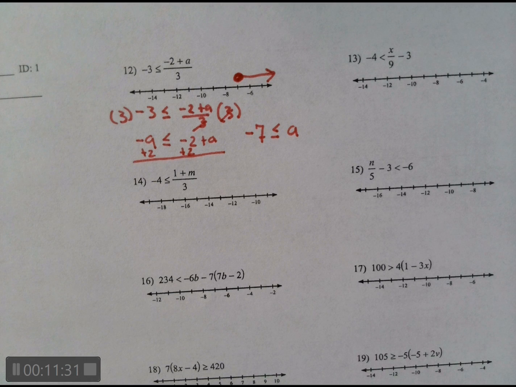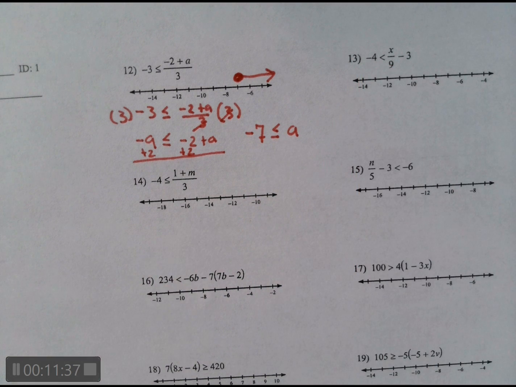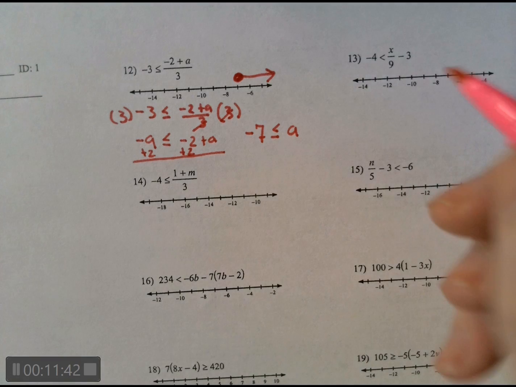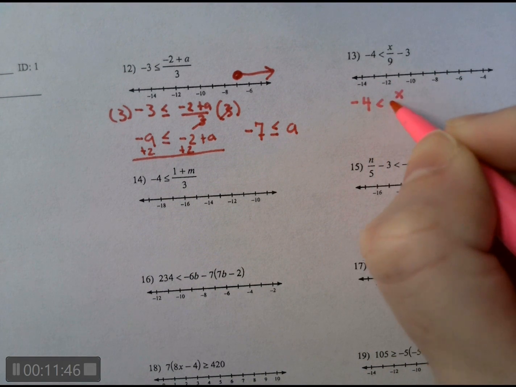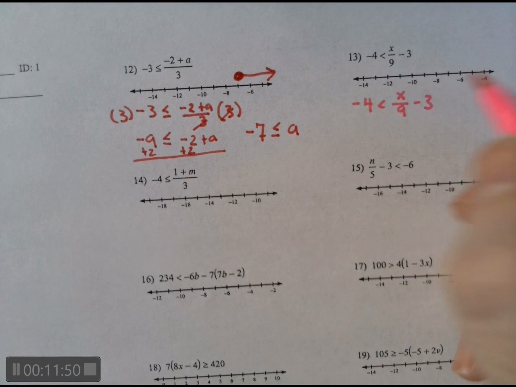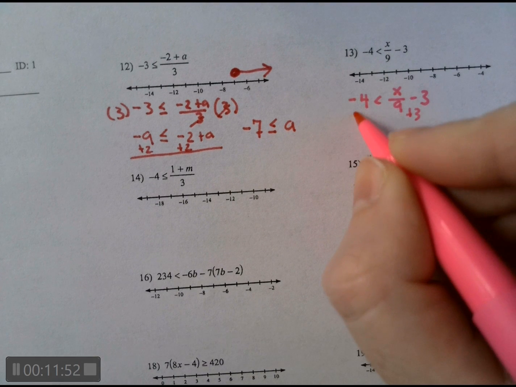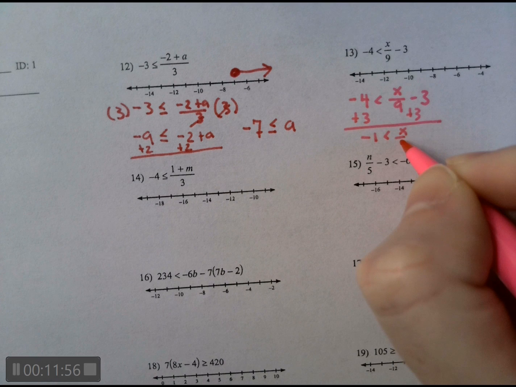Alright, like 13. Yes, there is a fraction, but before we're allowed to multiply by 9, we have to add 3. Okay, so I'm going to add 3 to both sides to get negative 1 is less than x over 9.